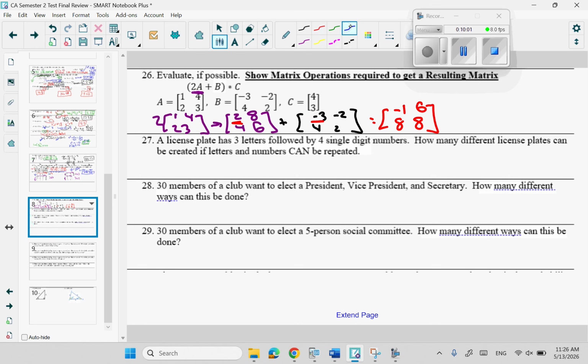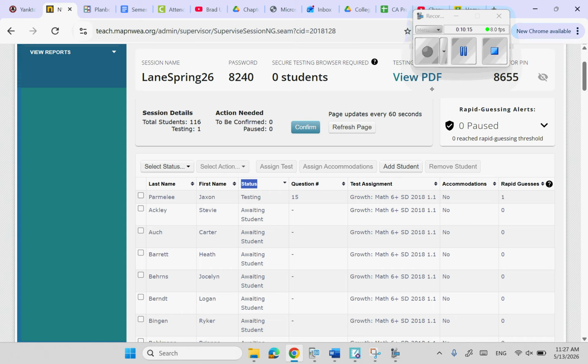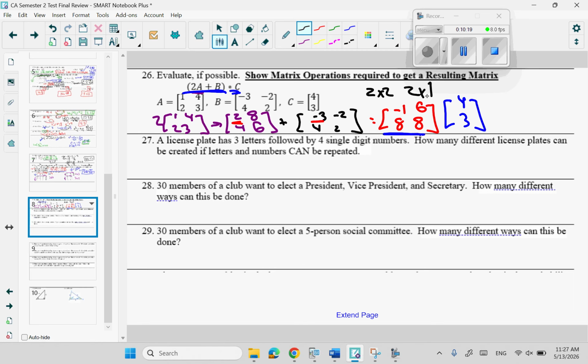And then I'm going to multiply it, because that's what I got right here, times the C matrix, which is 4, 3. Now, this matrix is a 2 by 2. This matrix is a 2 by 1. So the first thing I would check is, can I multiply them? I can, because those numbers match.